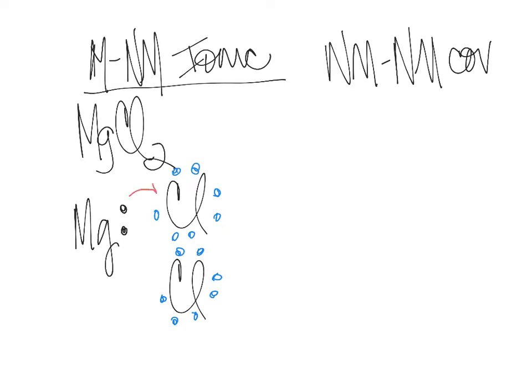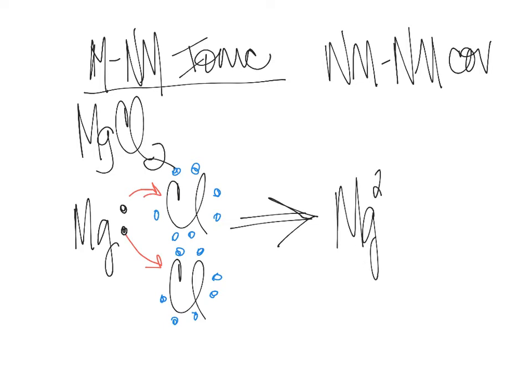So this electron will go here, this electron can go there, and what you'll end up with is a magnesium ion, and since it lost 2 electrons, it will become 2+, and you have 2 chloride ions, each with 8 valence electrons, and each of them with a charge of -1. That is how you do an ionic.